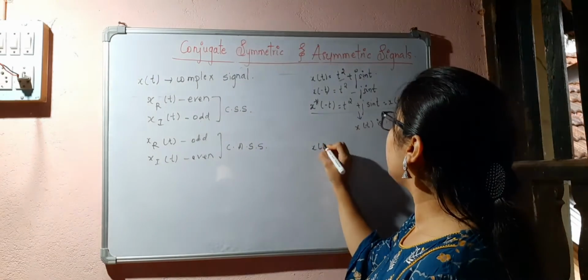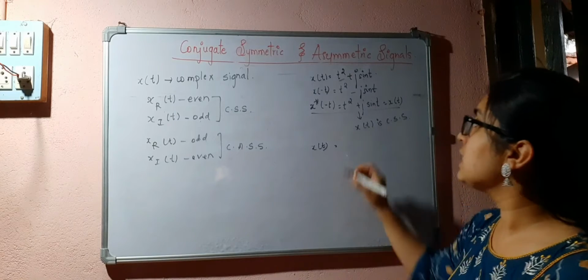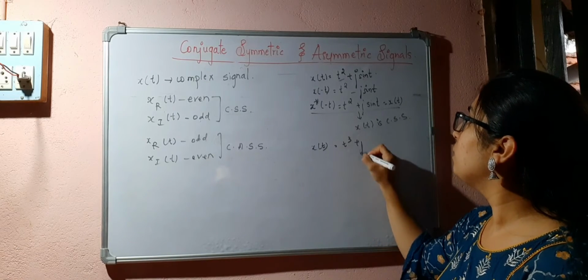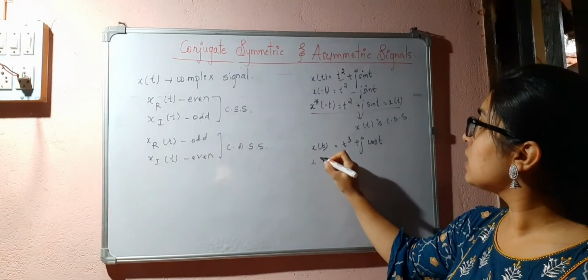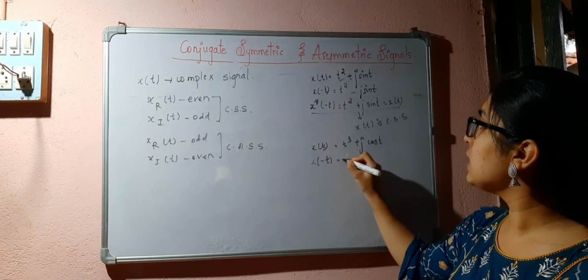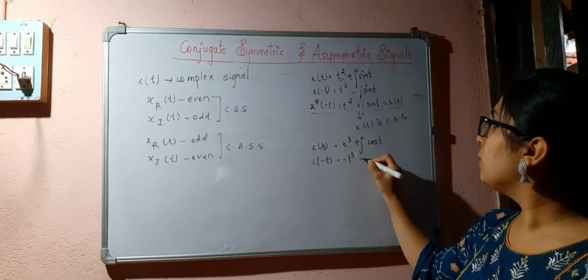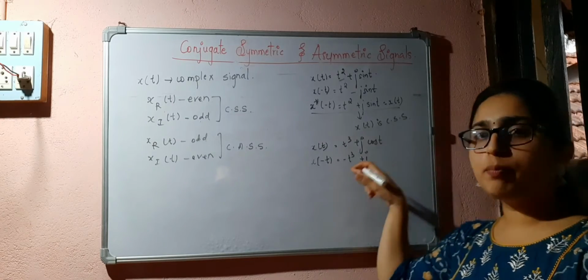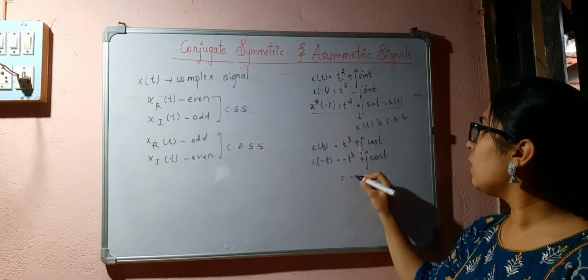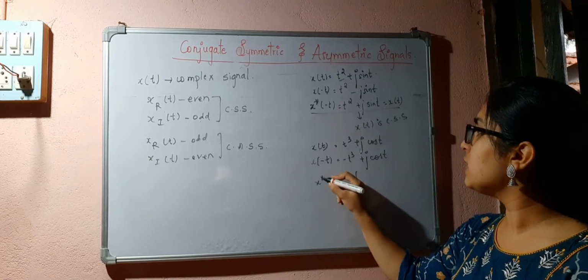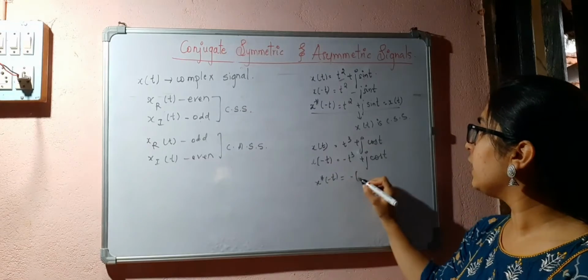Similarly, I will give you another example. x of t is equal to t cube plus j cos t. Okay, so now here x of minus t is equal to minus t cube plus j of cos of minus t, which is cos t. So I'll write it as it is. So now we can take x conjugate of minus t. I'll take the conjugate now.